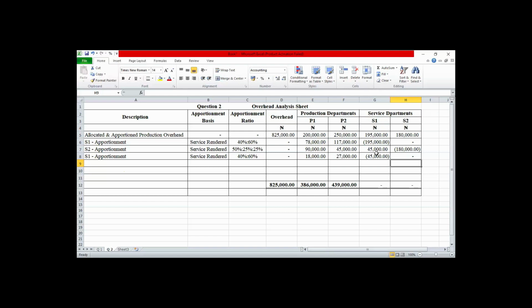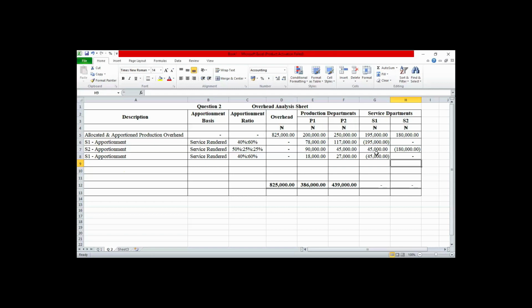Is it clear? Is it that in most theory questions on this topic, we must do both primary allocation and secondary allocation?